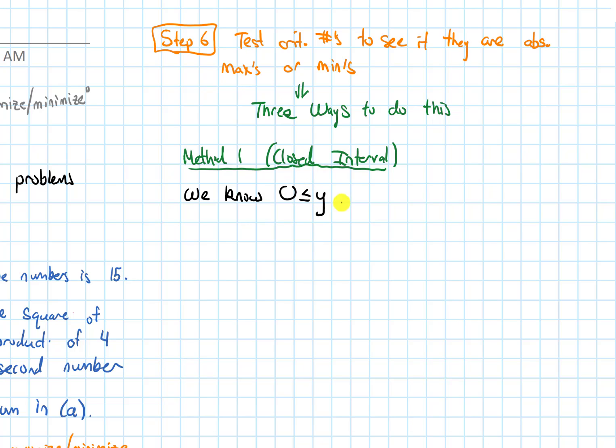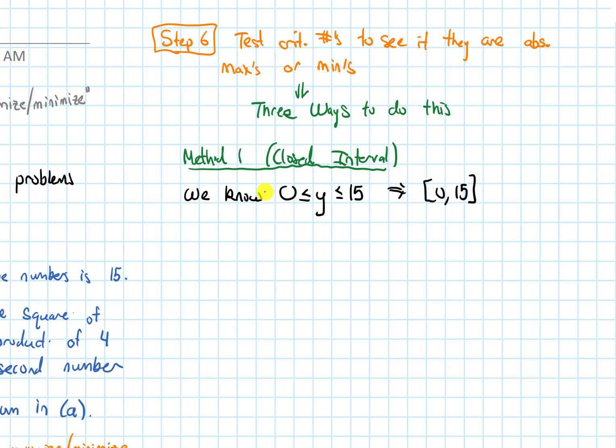But the biggest it could be is 15, because remember, x plus y has to be 15. If y was something bigger than 15, like 16, that would make x a negative number, but x has to be non-negative also. Okay, so y is between 0 and 15, inclusive. It can be 0 and it can be 15. So as an interval, it's the interval from 0 to 15. This is a closed interval.